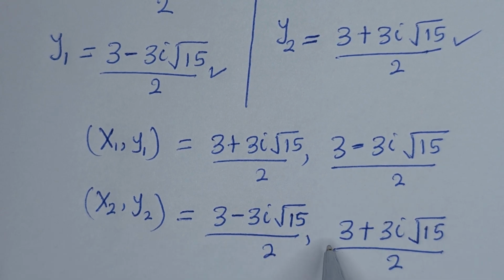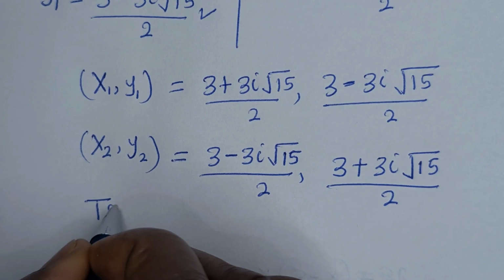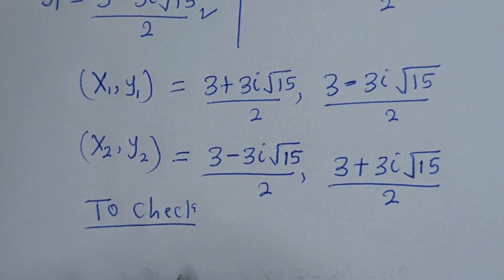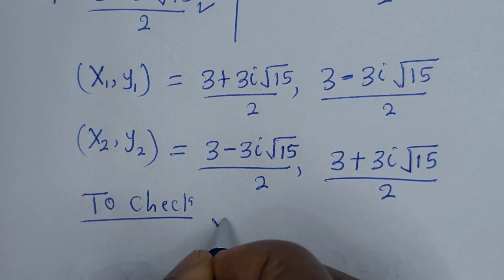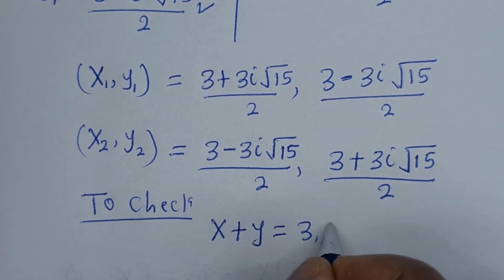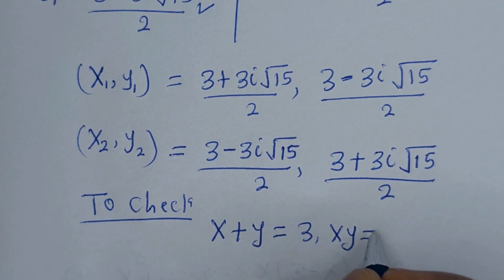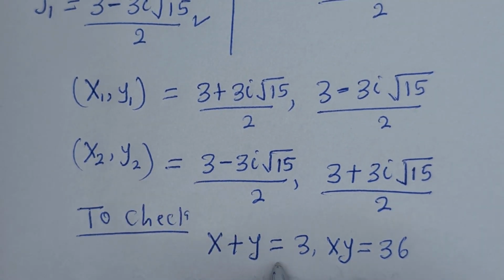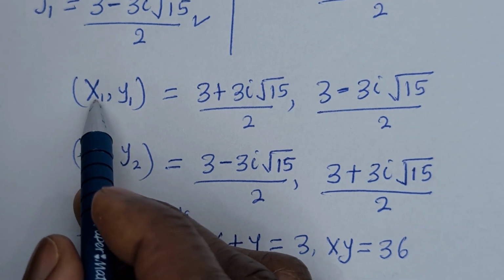We may check to confirm if this answer is right or wrong. Let's check. To check, we have the given equations x plus y is equal to 3, xy is equal to 36. Now let us consider this using x1, y1.